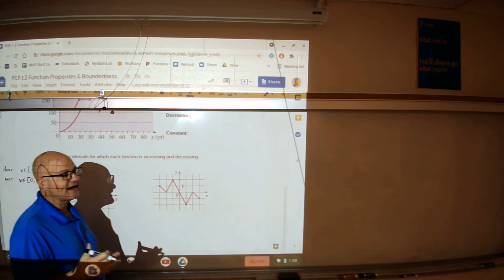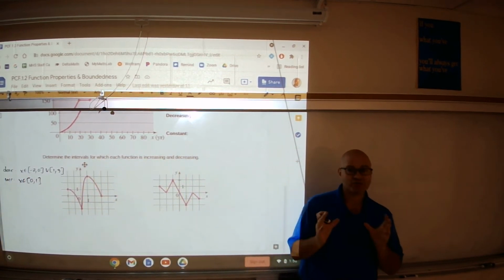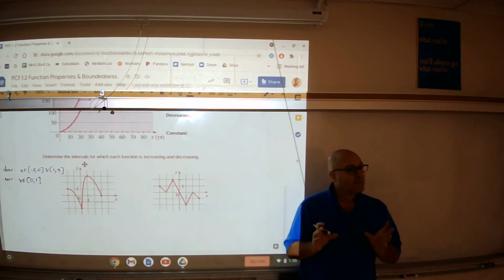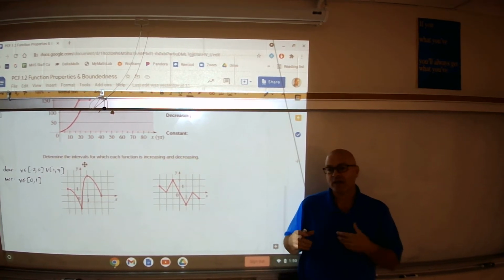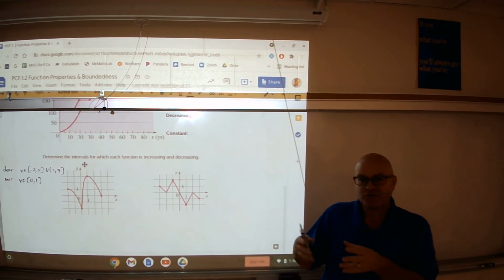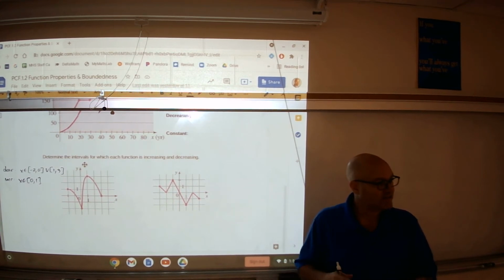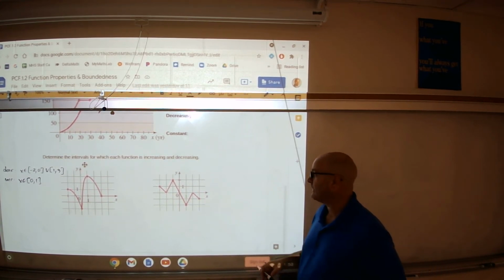And you don't need the x's an element of thing. I'm just doing that to remind you that we're just talking about x's. People understand looking at the graph what this means, but sometimes they get confused if they try to put the whole point in there. But you're not. You're only talking about the x values when we talk about increasing and decreasing and constant. So that's really an important point.